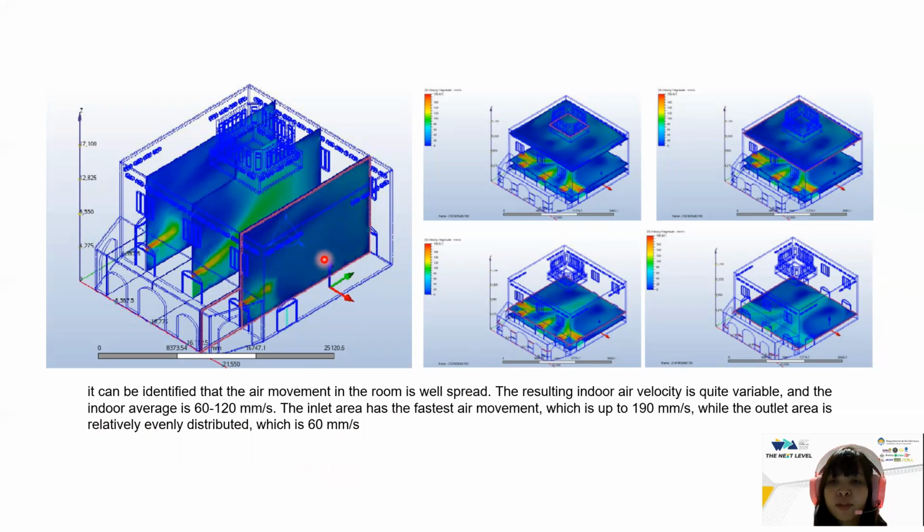The resulting indoor air velocity is quite variable, and the indoor average is 16 to 22 millimeters per second, and the inlet has the fastest air movement, up to 119 millimeters per second, while the outlet area is very evenly distributed, at 16 millimeters per second.